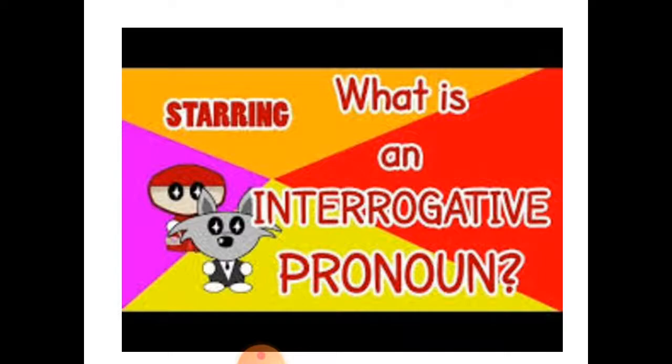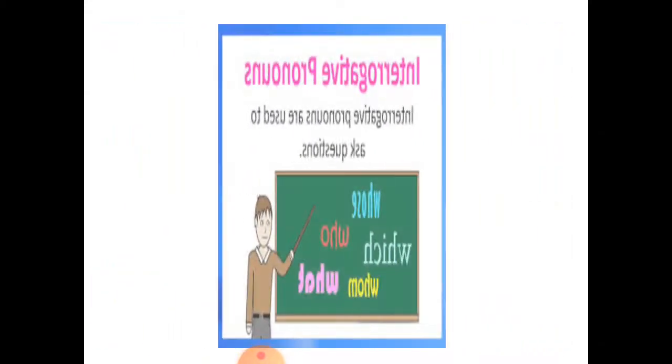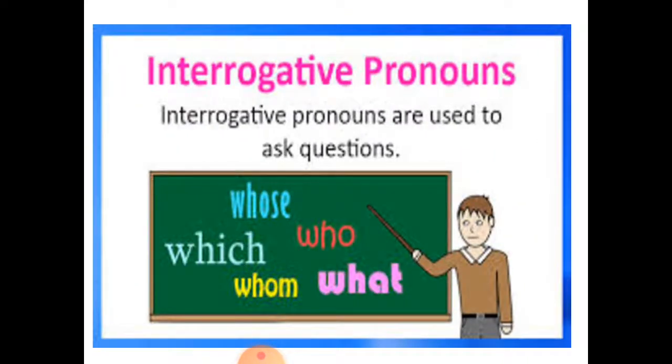So in such a way, these pronouns which use the words WH, whose, which, who, whom, what, those are interrogative pronouns. So we say that interrogative pronouns are used to ask questions.